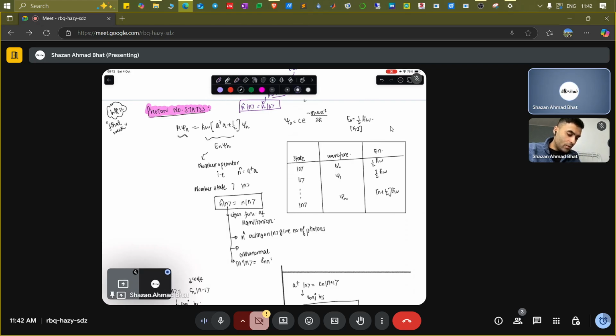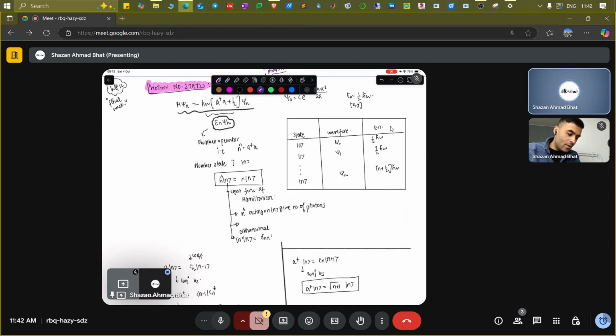If you have an equation like this, you can draw an analogy to H psi n equals En psi n, where this energy is basically this particular quantity. And this is the number operator we are talking about. I talked about this number operator in the previous sessions. Now, what does this number operator do?